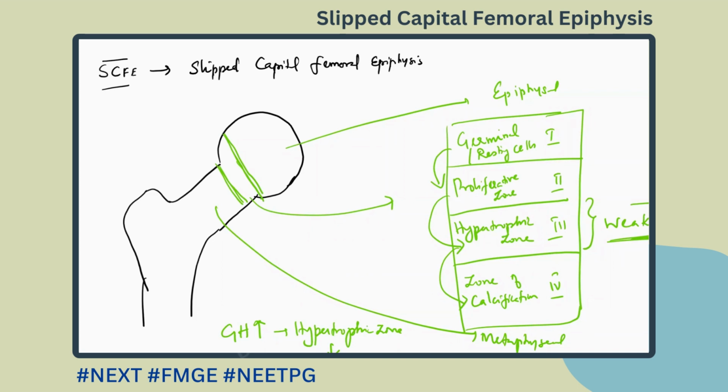During that period, growth hormone increases, the hypertrophic zone increases, and it becomes weaker. If the child is more obese, more load is transmitted across the hip joint, and the weaker zone can get fractured and slip. This is called slipped capital femoral epiphysis.